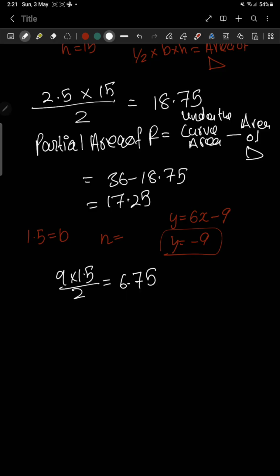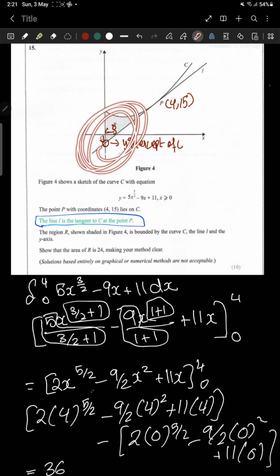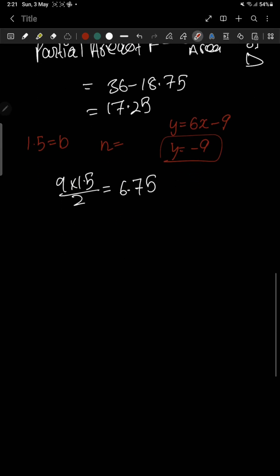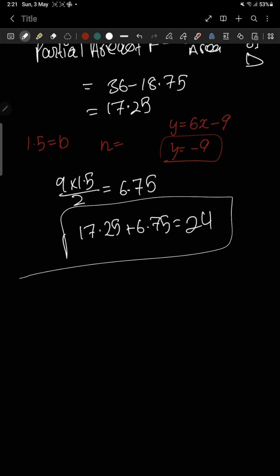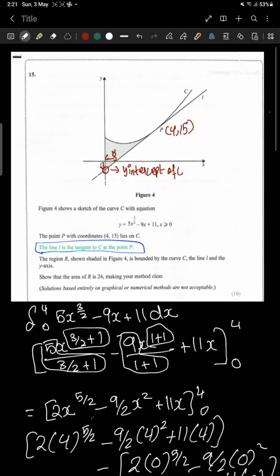Now we need to add this area because it is part of the shaded area. 17.25 plus this small area gives us the full area, and that is going to be 24. So here's our 10 marks. Quite a long question, but hope you try to understand something from this, and bosh.